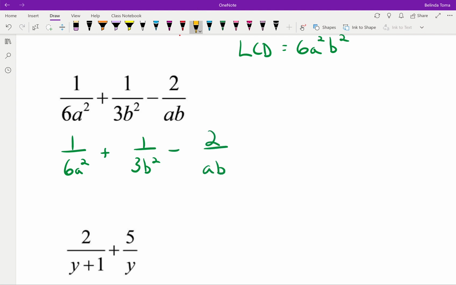So our first fraction is missing a b squared. Our second fraction is missing a 2 and an a squared. Our third fraction is missing a 6, an a, and a b.